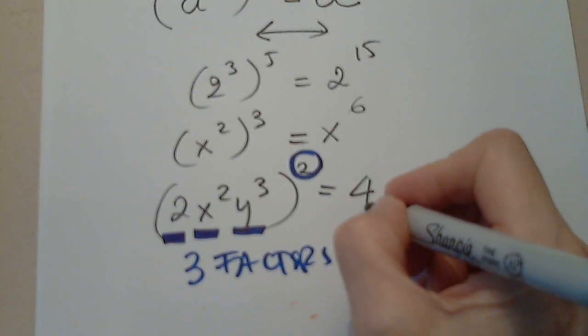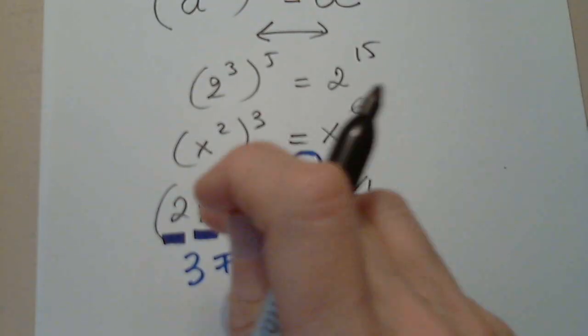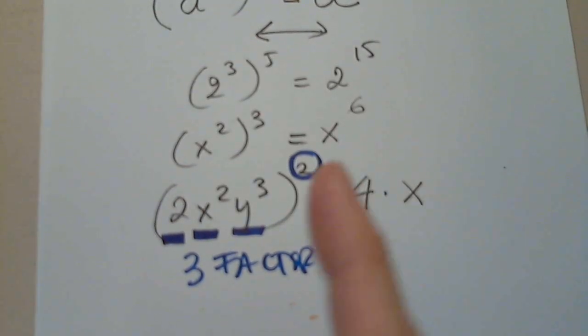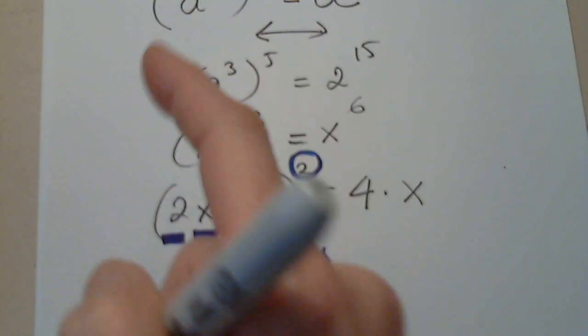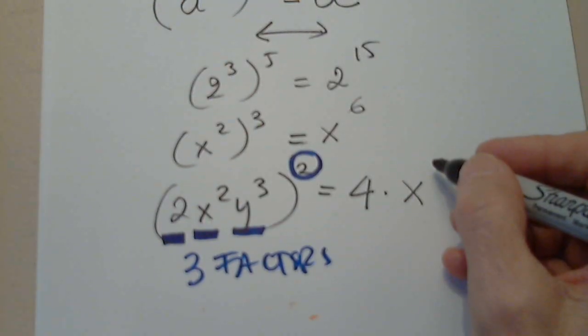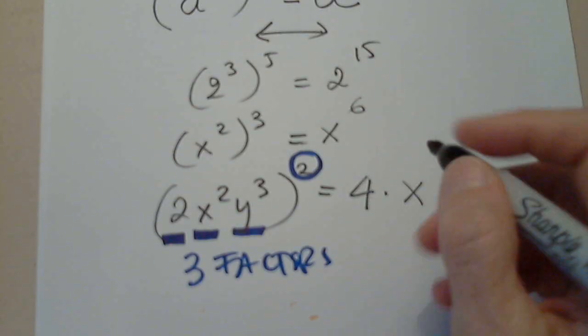4. That's it. Then I have to copy x, use the power rule, and find the power or exponent. Two.